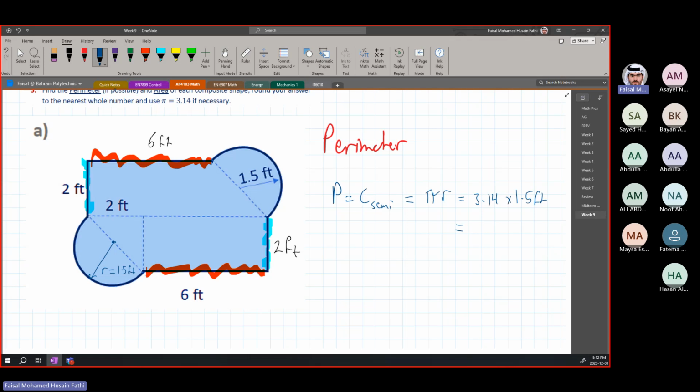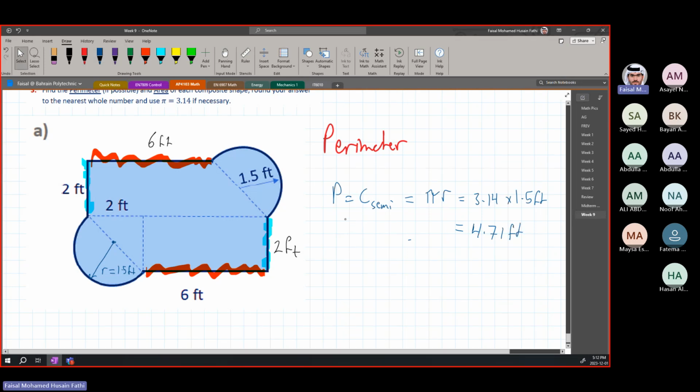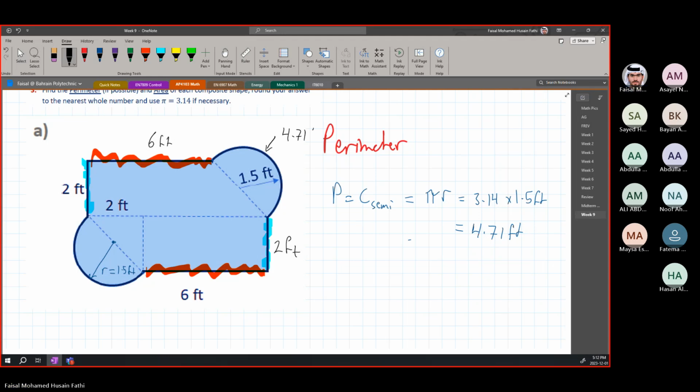So it's equal to 1.5 times 3.14, 4.71 feet. Okay, so we found out that this is 4.71 feet, and this is 4.71 feet.